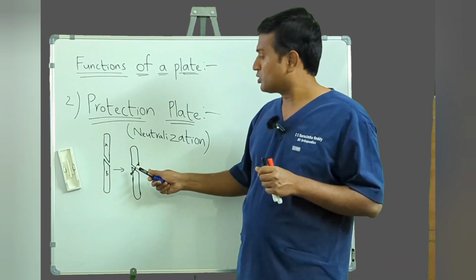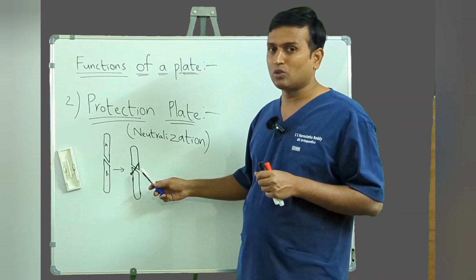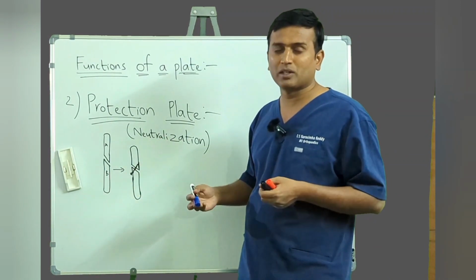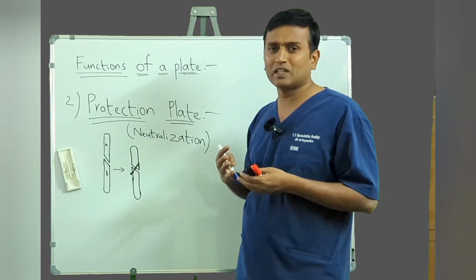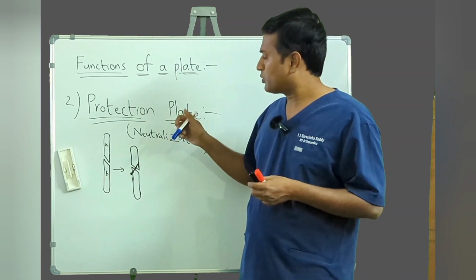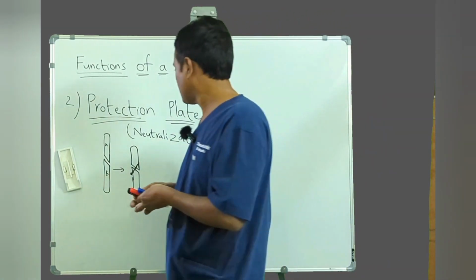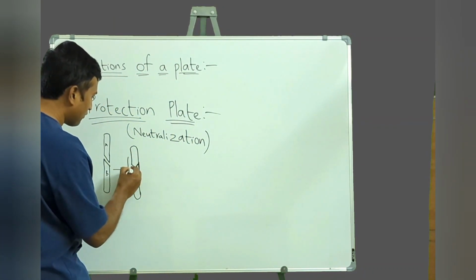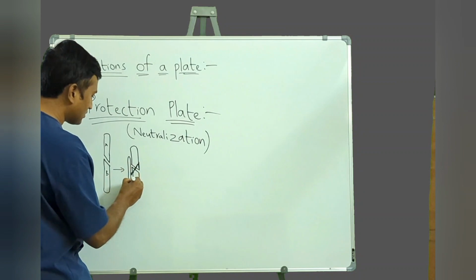So just to protect this lag screw, we are going to fix a plate which we call a protection plate. This is going to protect the lag screw. We are going to fix a plate for more stabilization.